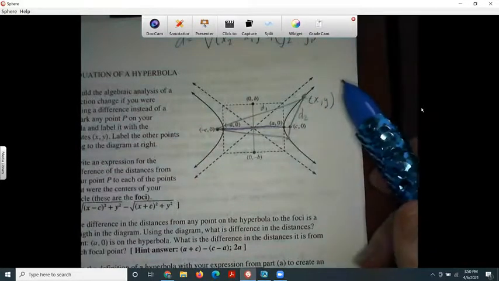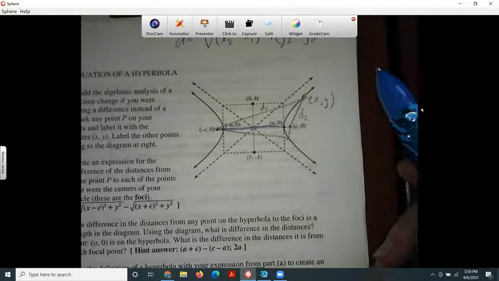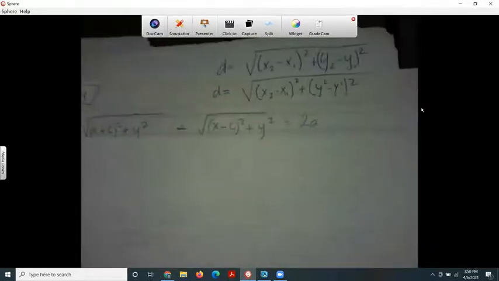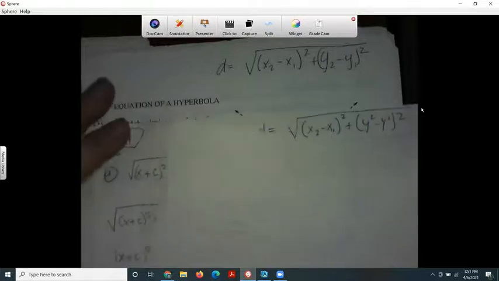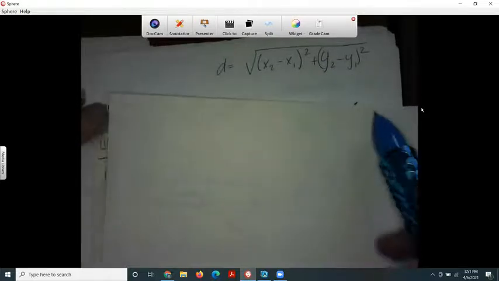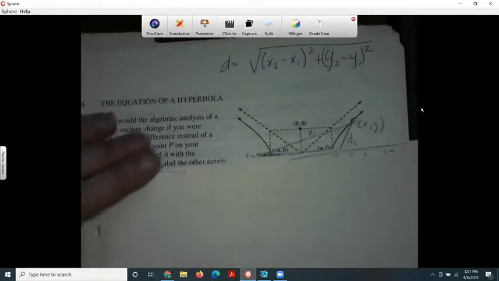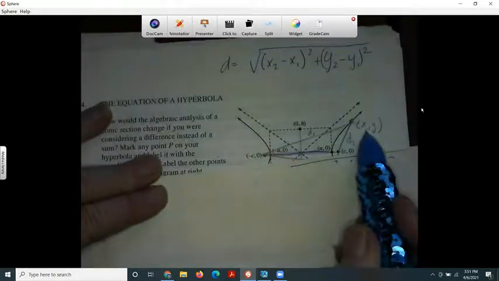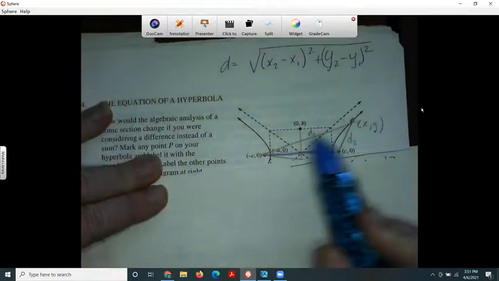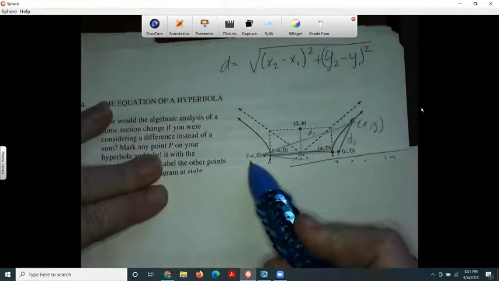So that's what I'm going to do right here. I'm going to use the distance formula. There we go. So the distance formula is x2 minus x1. So this can be x2 and this can be x1. So it's x minus negative c.